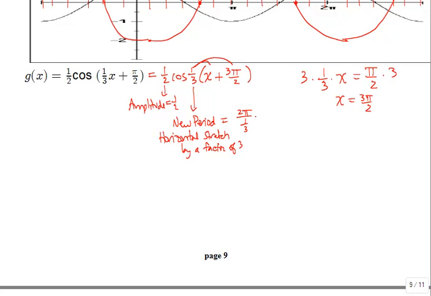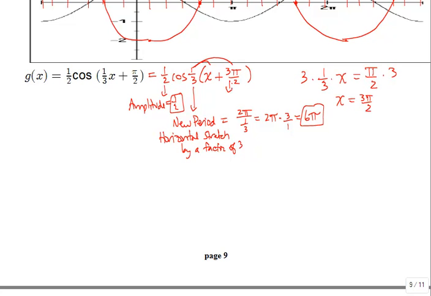So when you divide by a fraction, that's the same as taking 2 pi, multiplying it by the reciprocal, which would become 3, and that is why we're stretching out this period from 2 pi, and now the new period is 6 pi. So we have an amplitude of 1/2, and we have this new, much wider period of 6 pi.